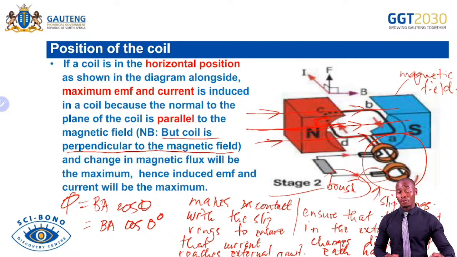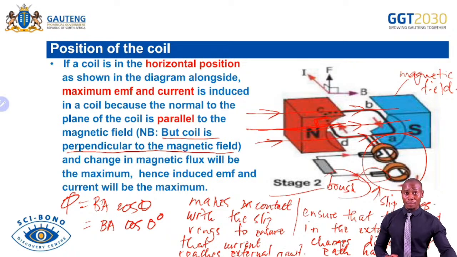Therefore, magnetic flux will be the maximum, and if the magnetic flux is the maximum, EMF is also going to be the maximum. But the coil is perpendicular to the magnetic field. So please be careful when they ask questions. Are they talking about the normal to the plane or the coil?